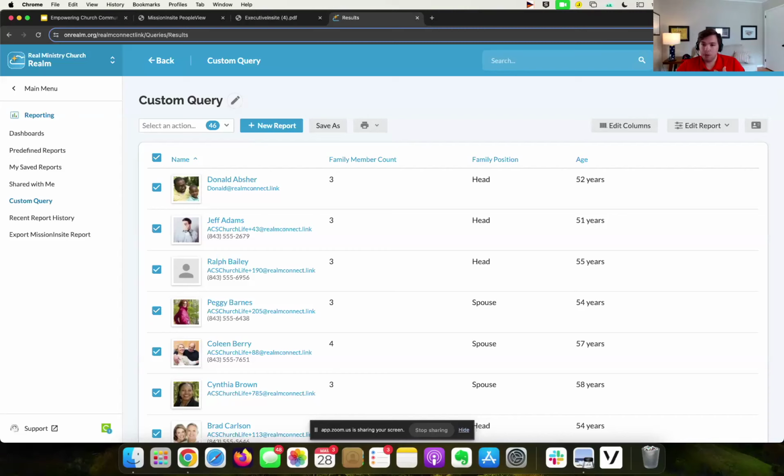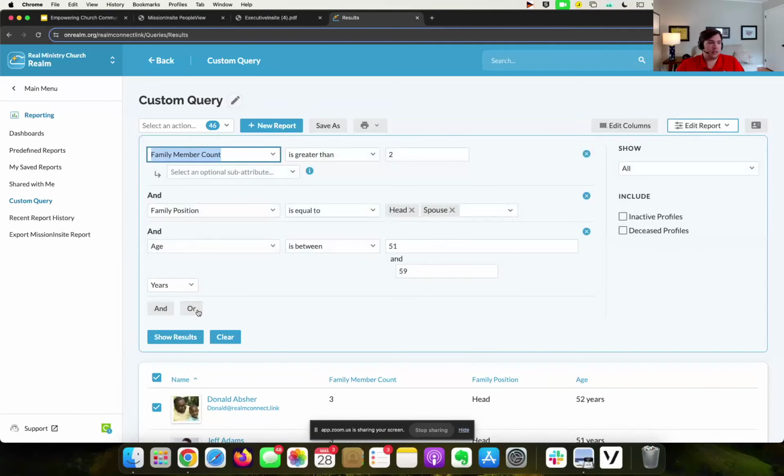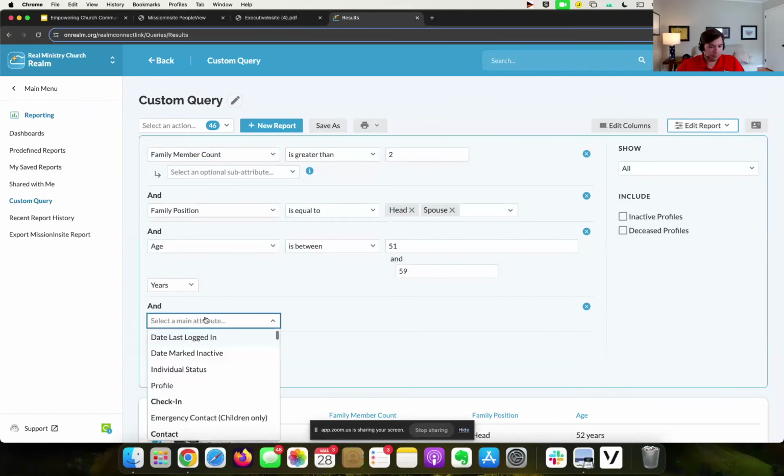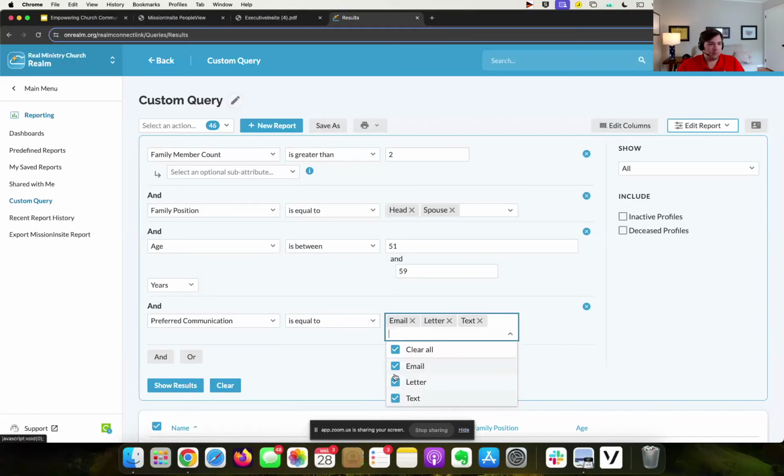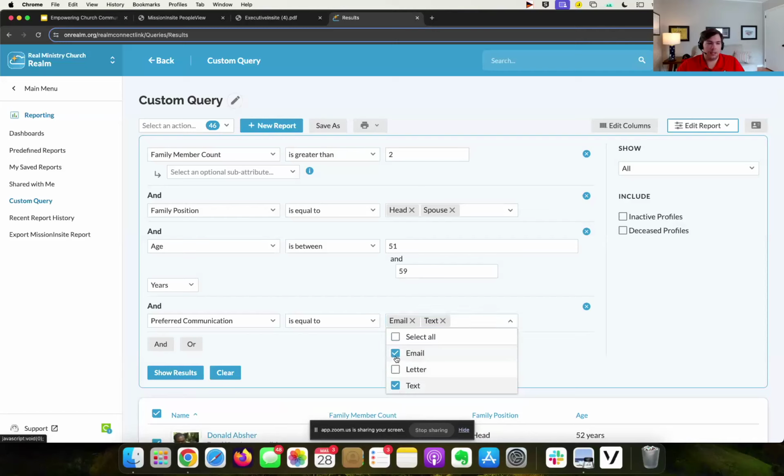Do you want both? And all of those are fields that can be added in a program like this. And I can add in preferred communication is equal to email, letter, text. If I only want to send text messages, I can throw that in there.